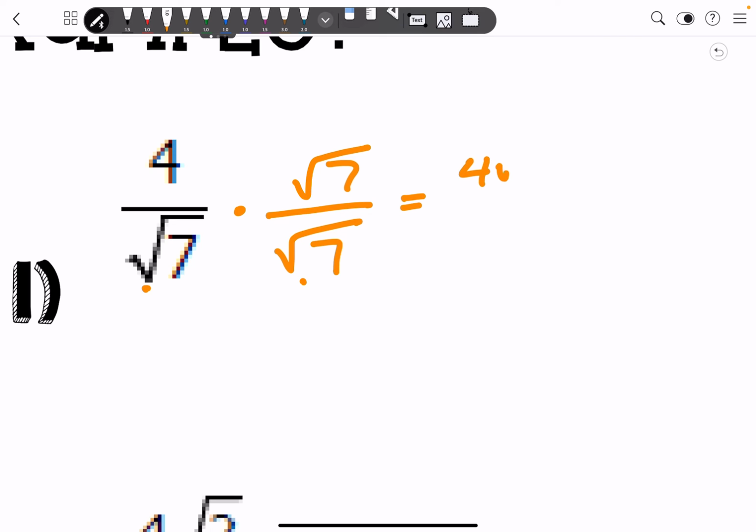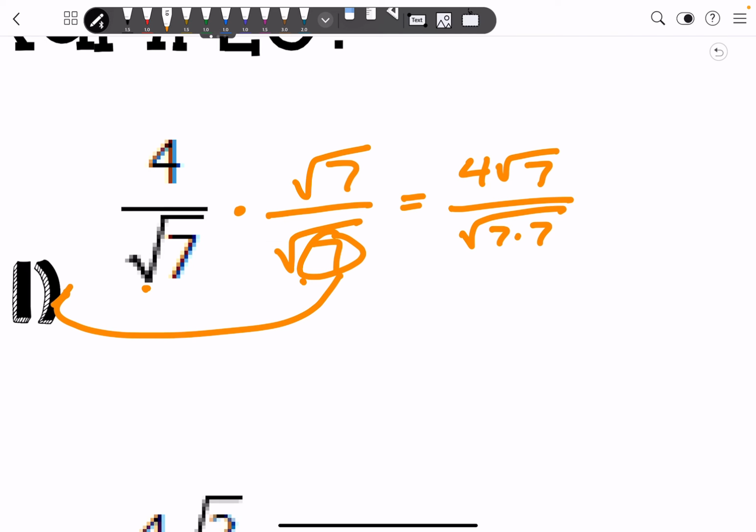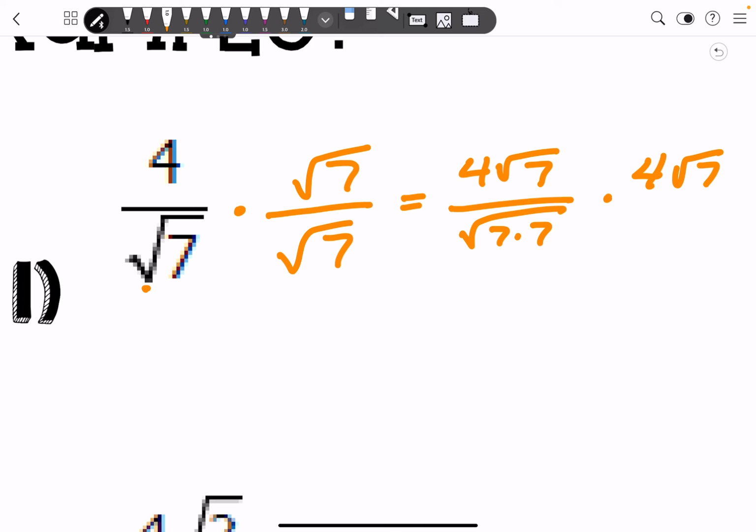So we get 4 square root of 7 over, and if you need to think about it this way, you can, the square root of 7 times 7. That's fine. Just know, no matter what, this is going to come out because it's going to couple out. And we're trying to do that. That's the whole purpose of rationalizing, because you get 4 square root of 7 over 7. 4 and 7 do not simplify.